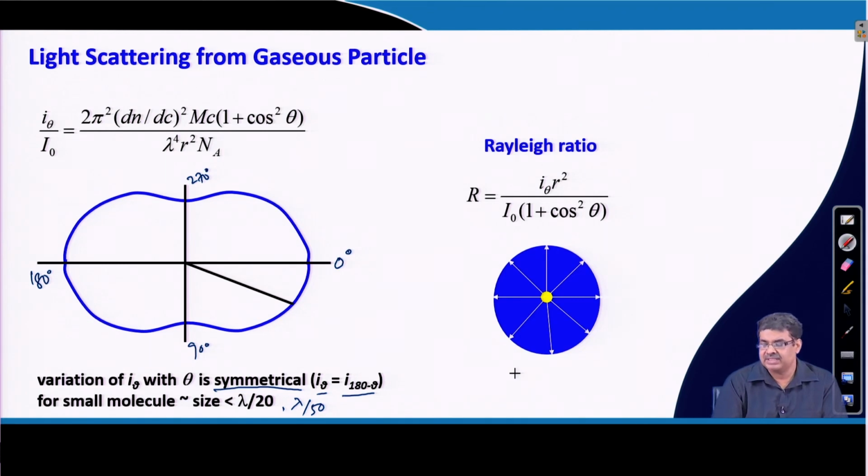We call this a symmetric scatterer. Symmetric scatterer means the scattering happens in this way, where I theta is I 180 minus theta, and the Rayleigh ratio is not dependent on the scattering angle theta.